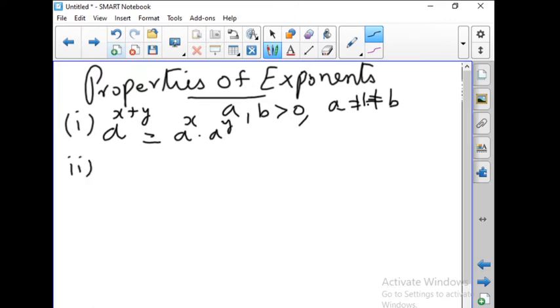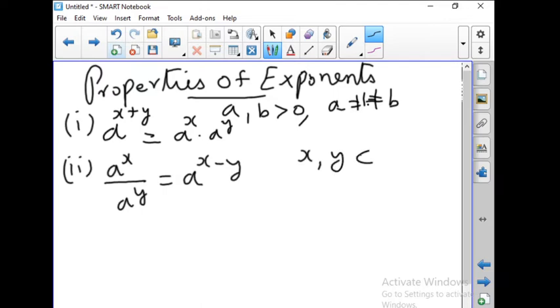Second, a power x by a power y is equal to a power x minus y, for all x, y belongs to R. What is R? The set of real numbers.